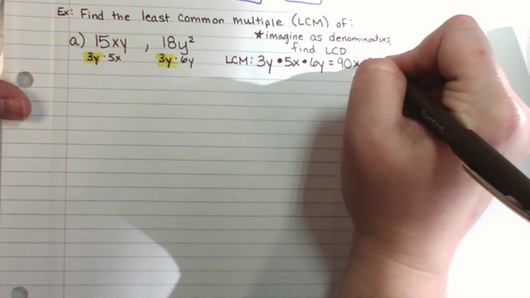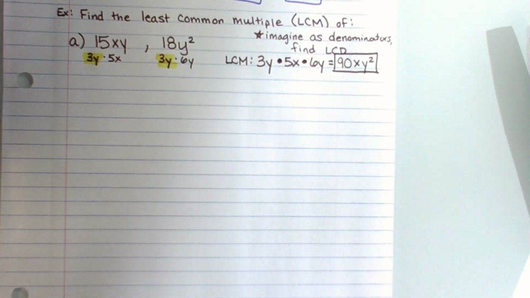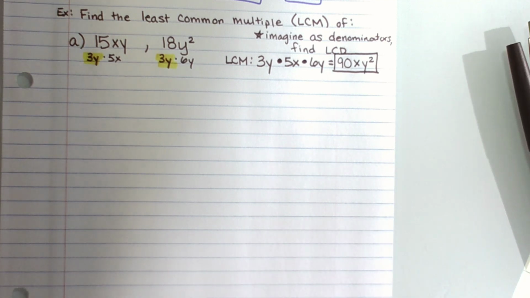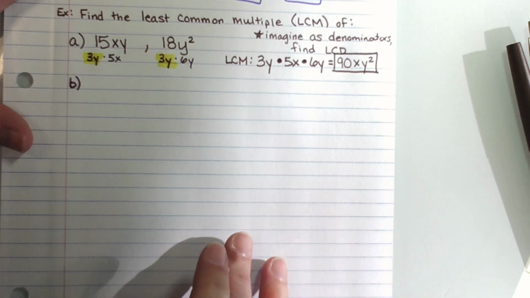X and y squared. That is the LCM. When it's monomials, look for that GCF.